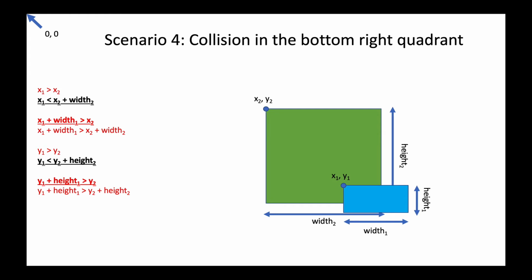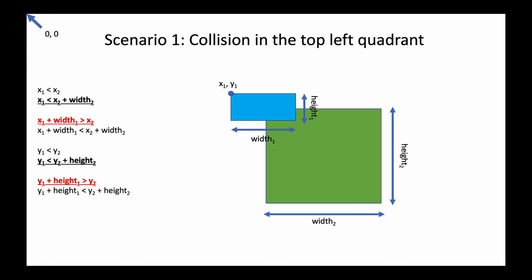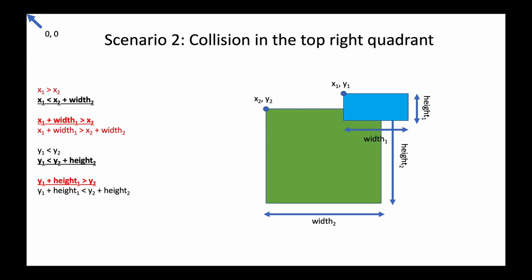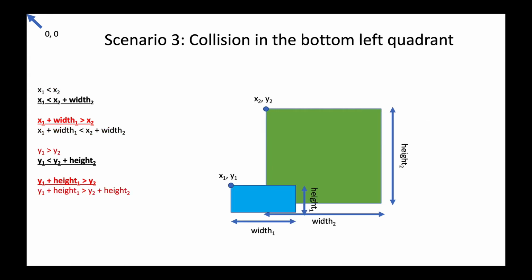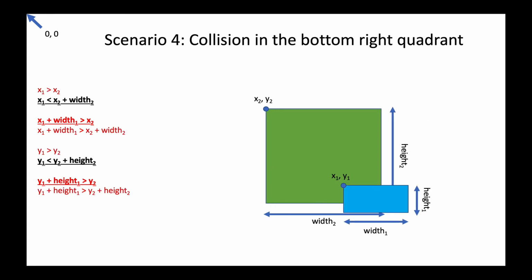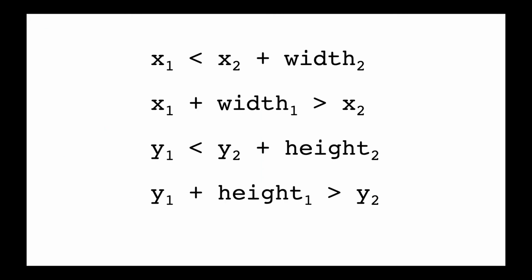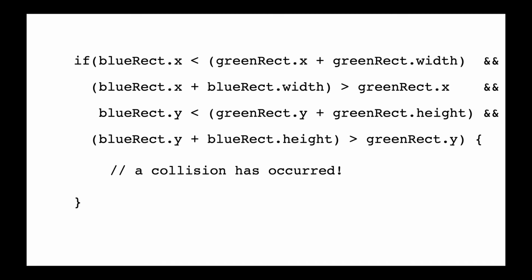Note that some of the statements change from scenario 1, 2, 3, and 4, but these 4 do not. So here are the 4 statements that never changed, and it turns out that these are the only things we need to evaluate to determine if there is a collision. And here is what that might look like if we were to write Java code.